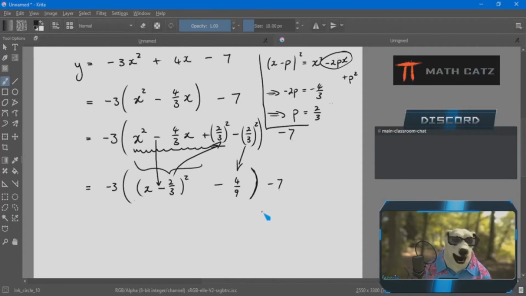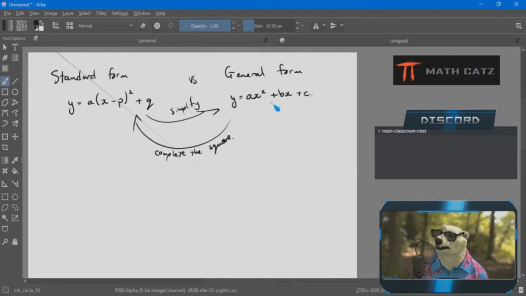Question in YouTube: quadratic functions, general form, what is bx? I'm guessing, what is bx in the general form? The whole problem is, in that general form, yes, the a is still there, so we know what the a means. We don't really know directly what the b and the c mean.